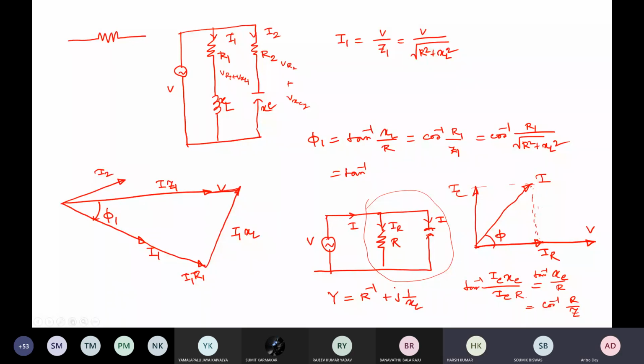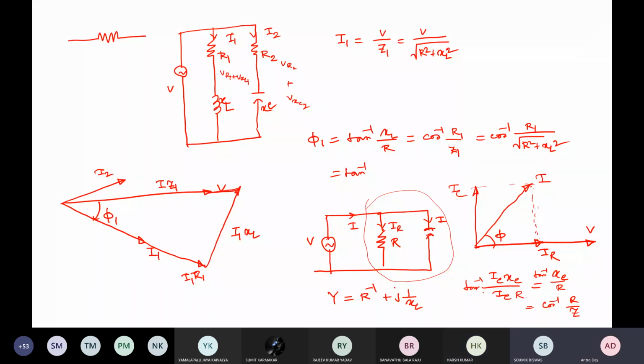Here only, sir, here only. That is the thing which I am differing with you. Sir, here only, if we write tan inverse, it will be tan inverse IC by IR, tan phi. Like phi is tan inverse of IC by IR, and IC is nothing but V by XC, and IR is V by R. So it will be like tan inverse of R by XC.